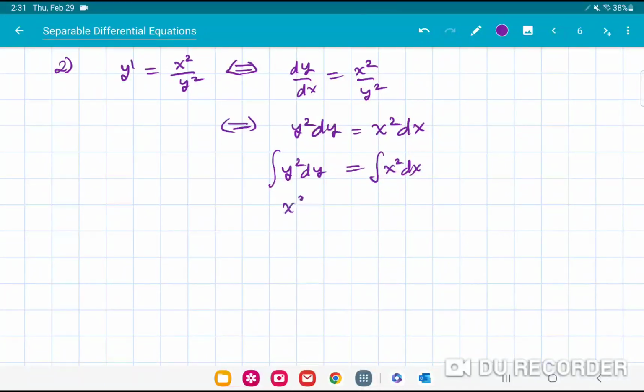This gives you y cubed over 3 plus some constant, and this gives you x cubed over 3 plus some other constant.